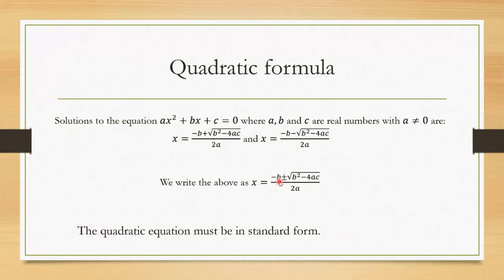And people generally write this as a plus minus, as you can see. It really stands for both of these. When you have addition, you get one solution here. When you have minus, you get the other solution.